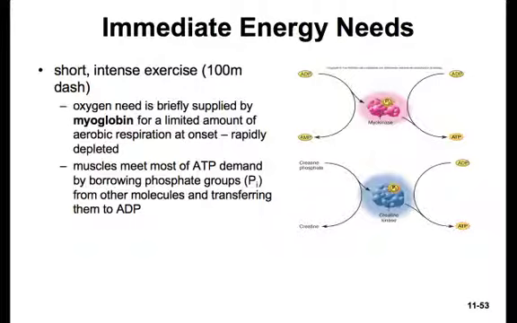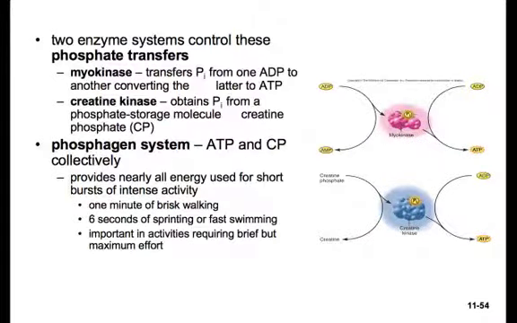This is rapidly depleted. The muscles meet most of their ATP demand by borrowing phosphate groups from other molecules and transferring them to ADP. There are two enzymes that control these phosphate transfers. There's myokinase and creatine kinase.